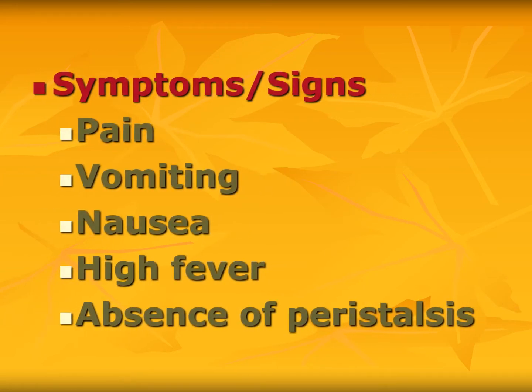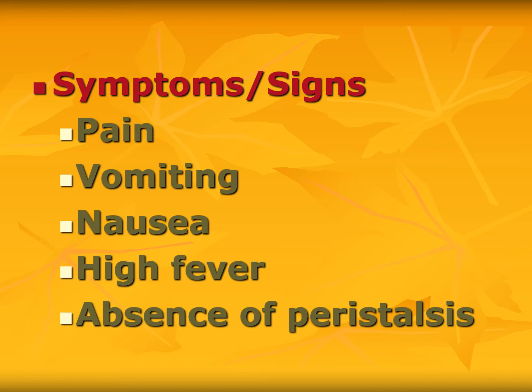Now, when we think about the information that we covered in the previous lecture material about appendicitis, and compare the symptoms and signs of appendicitis to an acute peritonitis, there are some differences that you can identify and recognize. With appendicitis, the pain will typically begin in the epigastric or periumbilical region, then move into the right lower quadrant.